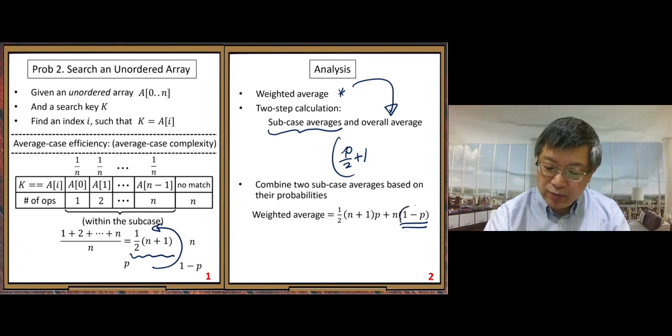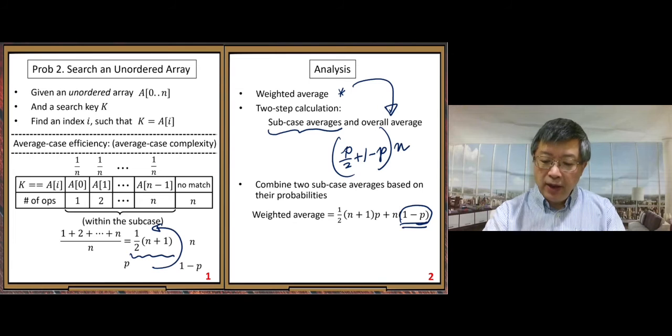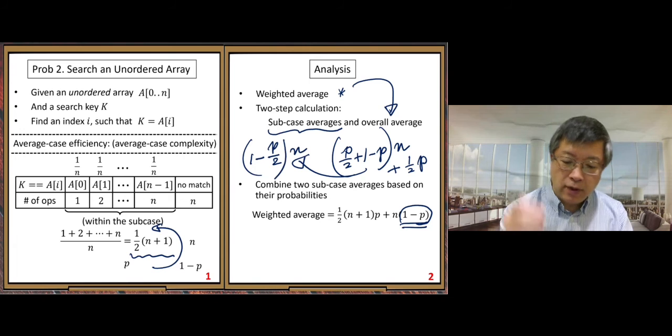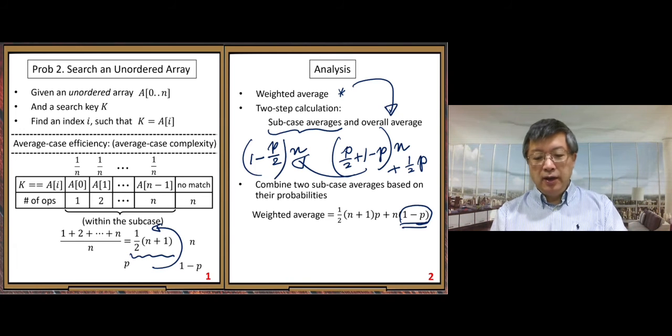Because we treat this parenthesis, 1 minus p, the whole thing, as the coefficient of n. Then the remaining constant part is 1/2 times p. So the simplification of this parenthesis is (1 minus p over 2) times n.